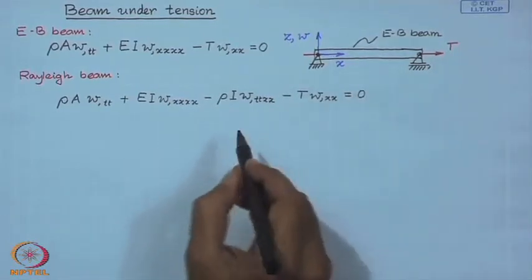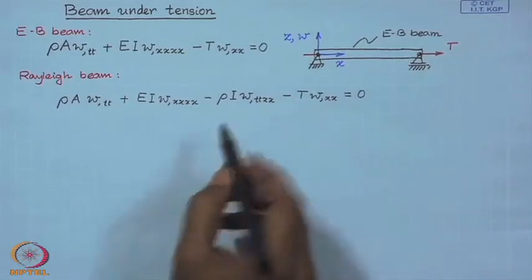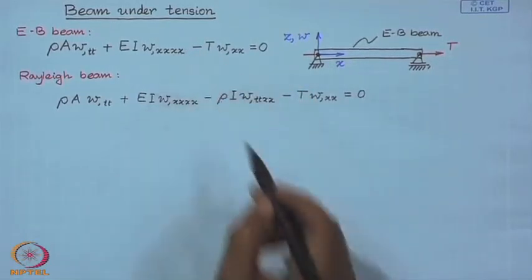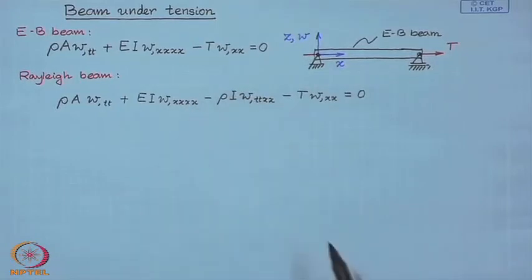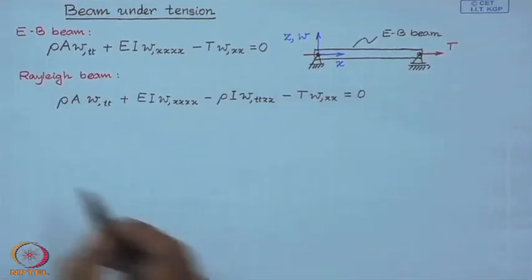So, this is for a Rayleigh beam which has this additional term because of the rotary inertia. Now, we can always fall back to the Euler-Bernoulli beam if you drop this rotary inertia term. So, we can discuss the Rayleigh beam.